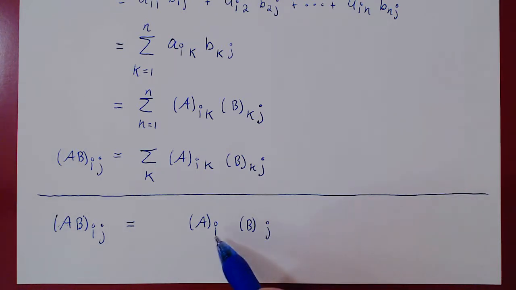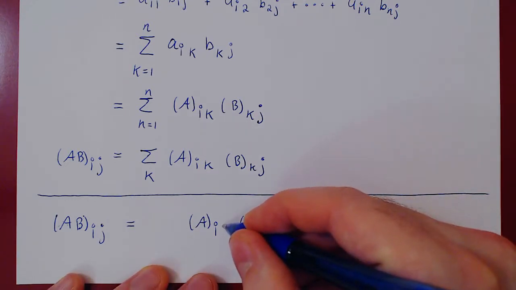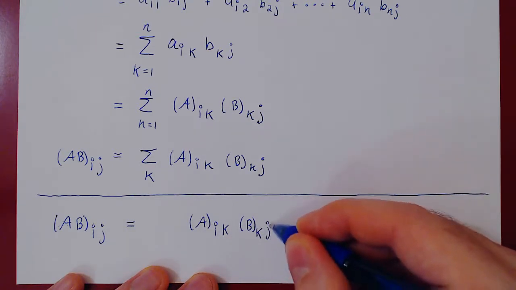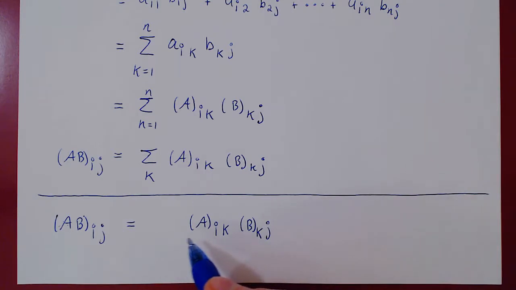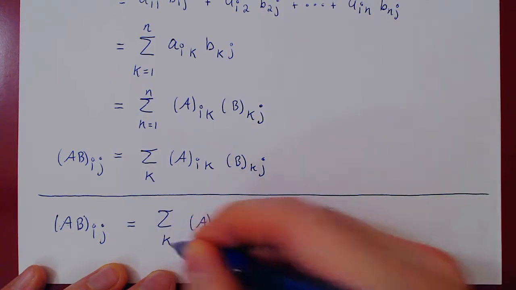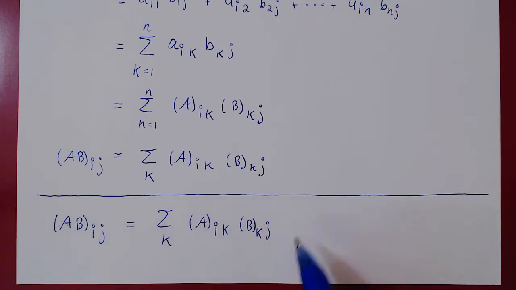So 1 with 1, 2 with 2, 3 with 3, 4 with 4, 5 with 5, and so on. In general, the kth entry in row I of A with the kth entry in column J of B. So we multiply corresponding entries, K being our dummy variable, and we add them up. And this is how you should remember this expression. We take the ith row of A, jth column of B, multiply corresponding entries, and we add them up.